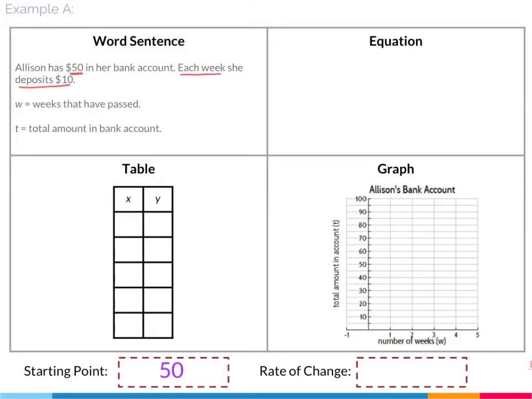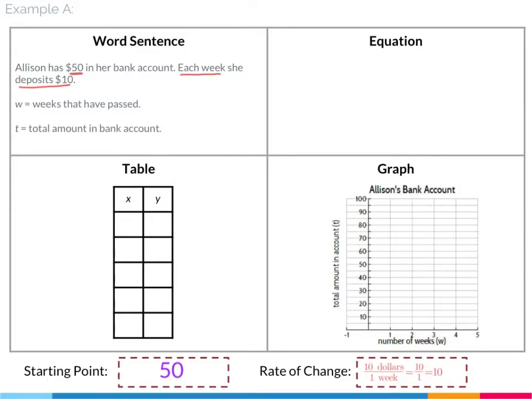Then we need to talk about the rate of change. So the rate of change is going to be how much something is changing over how much time. So in this case, each week, she's going to be depositing $10. And we know deposit means to add. So every week, she's going to be getting $10. So we're going to write that as a fraction. So our rate of change is going to be $10 every week.